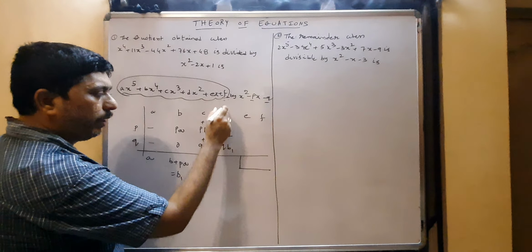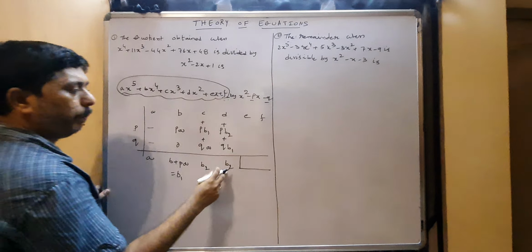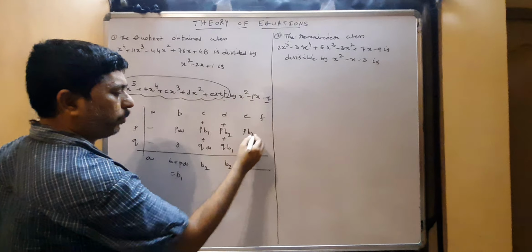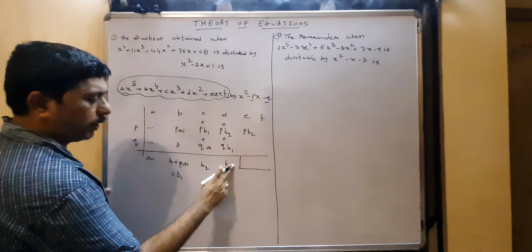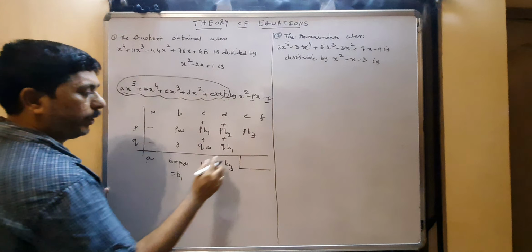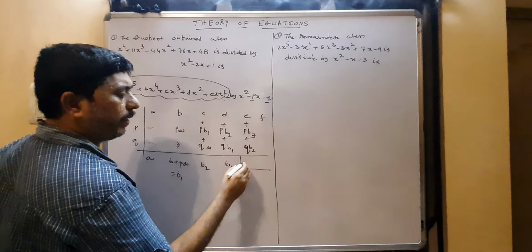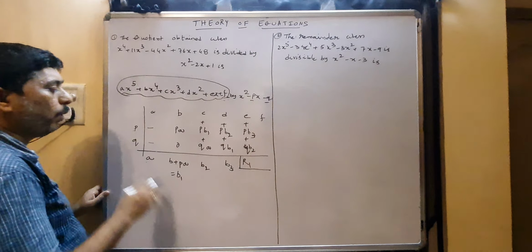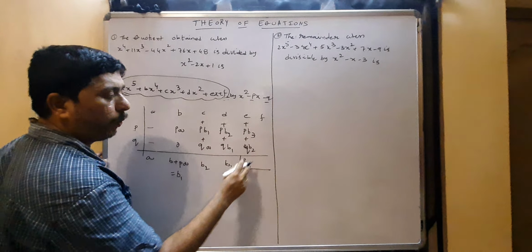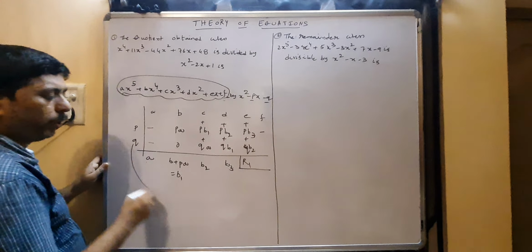Adding these three, the resultant value is b3. P into b3, q into b2. Add these three, and we take it as remainder r1. Don't multiply p into r1. Allot 0 here. Next q into b3.